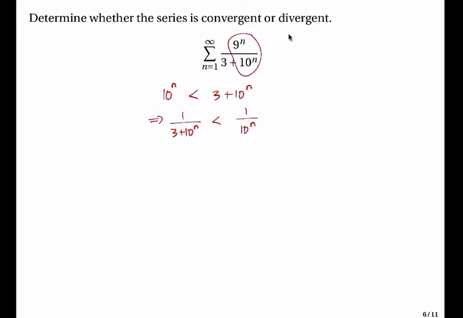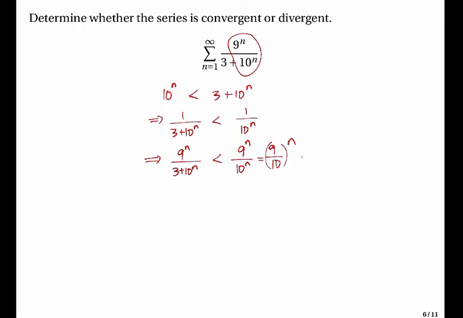If we multiply both sides of the inequality by 9 to the n, and since 9 to the n is positive, the inequality won't change. So 9 to the n over 3 plus 10 to the n is still less than 9 to the n over 10 to the n, which can be written as (9 over 10) to the n.